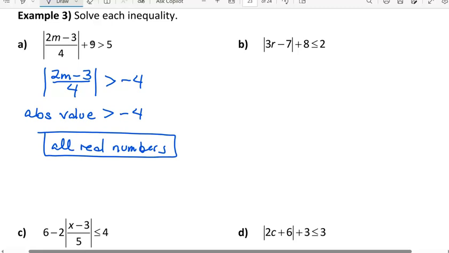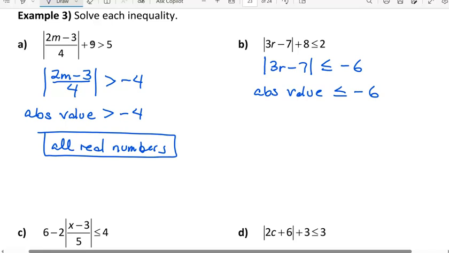In B, we have to subtract 8 from both sides of this inequality. 2 minus 8 is negative 6. I'm also going to stop and think. Here we have an absolute value that is less than or equal to negative 6. Well, an absolute value can either be positive or it can be 0.